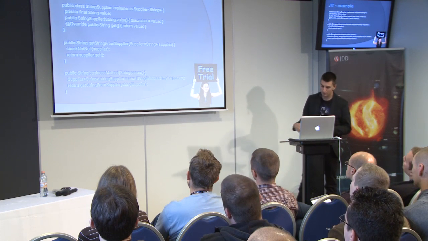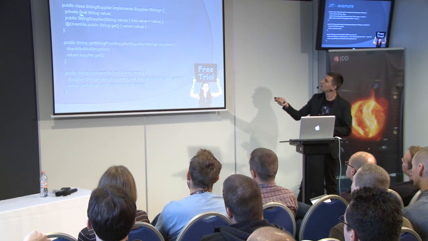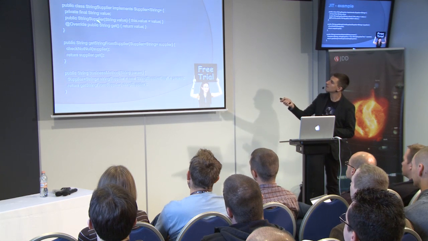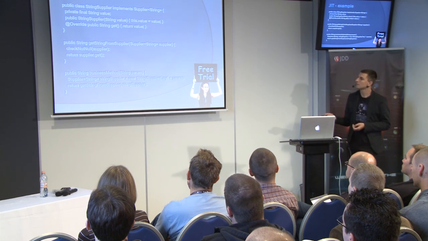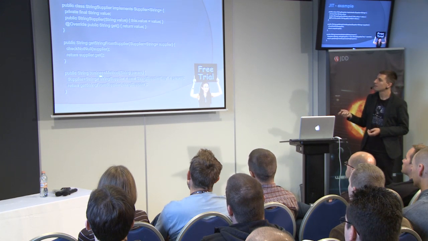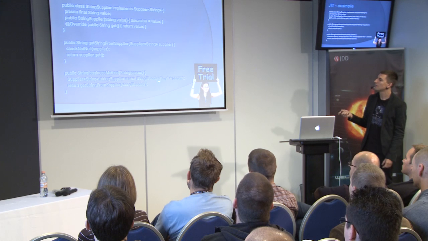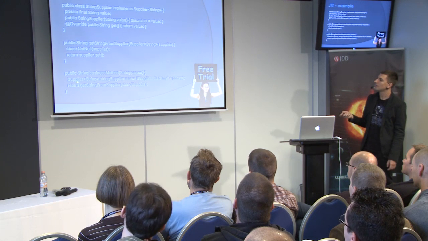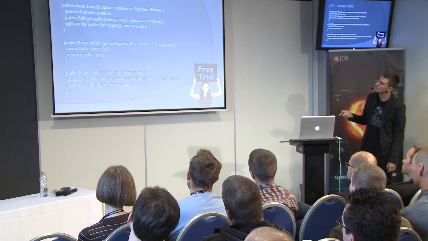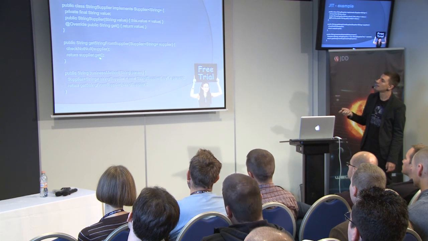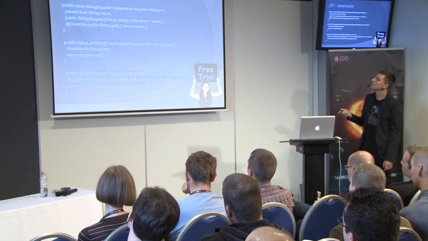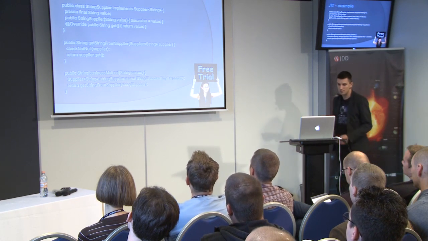We have a value here, a constructor setting this value, and a getter. I've also got a business method, which instantiates the supplier and invokes get string from supplier, and here is some null check and returning the value from this supplier.